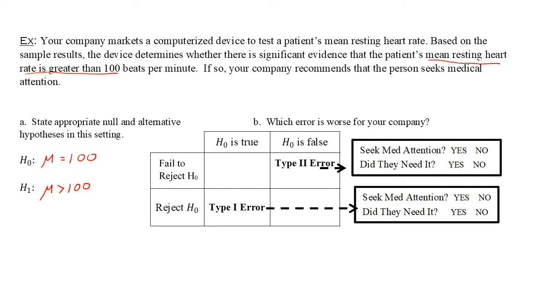Which error is worse for your company? Well, let's write out what this would be if we were to fail to reject the null hypothesis when it's actually true. So if the null hypothesis were true, that our mean resting heart rate was 100 beats per minute, then if it fails to reject, the device is not going to tell us to seek any medical attention.